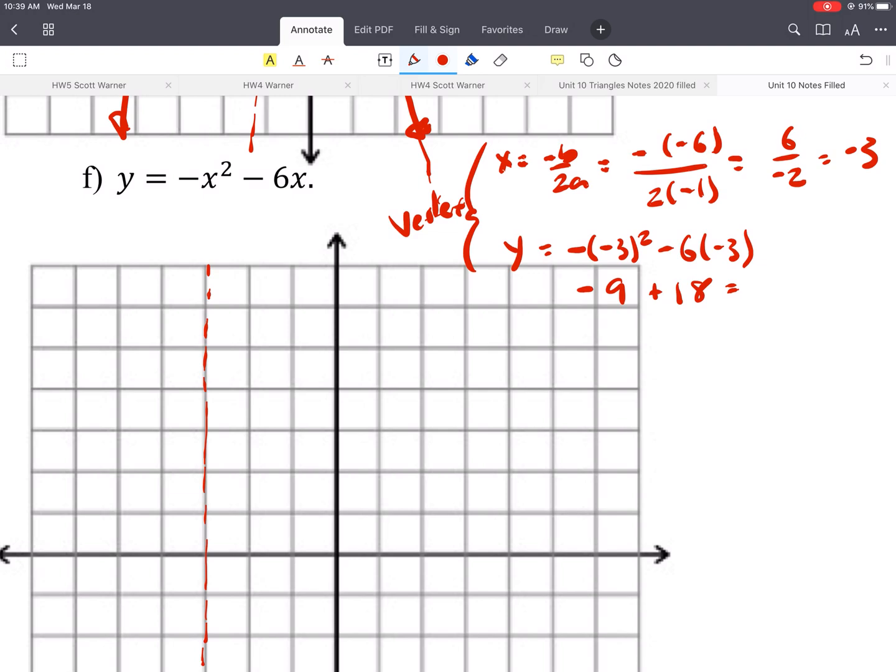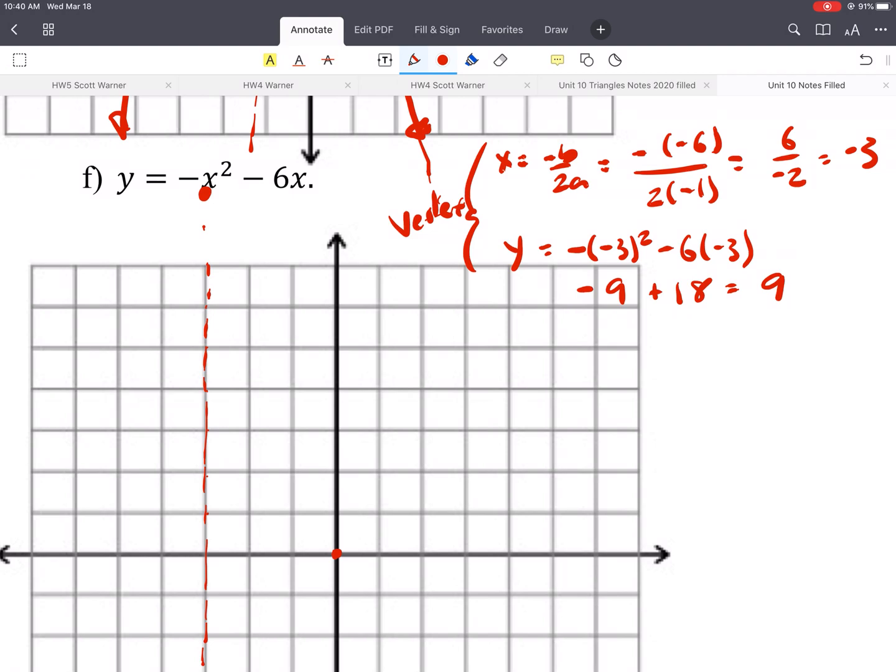I think I might have made a mistake. Let me look at this really quick. No, it's right. This is just out of the... So that gives you 9. So negative 3, 9. 1, 2, 3, 4, 5, 6, 7, 8, 9.